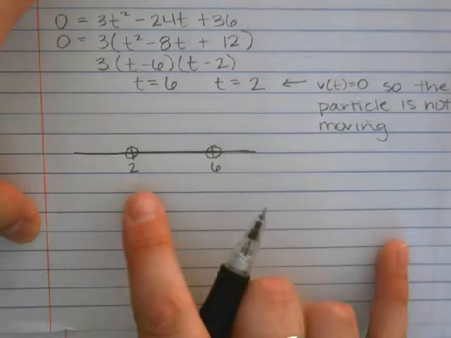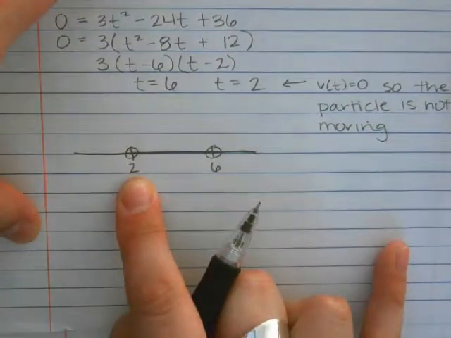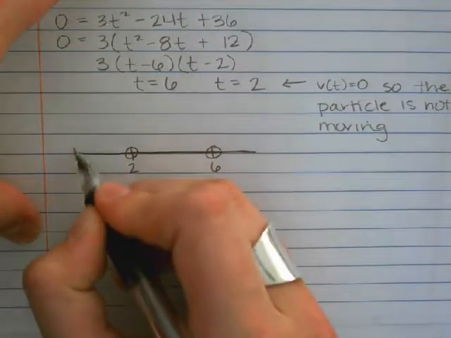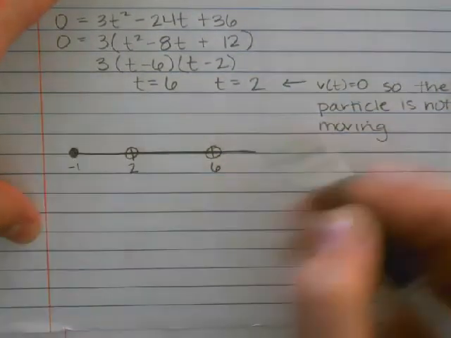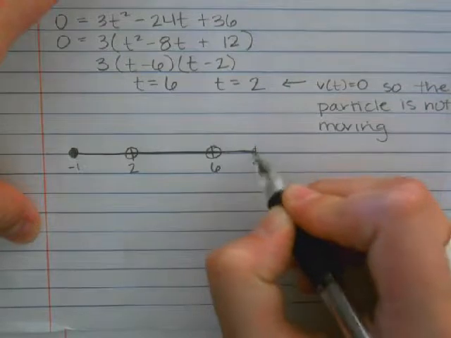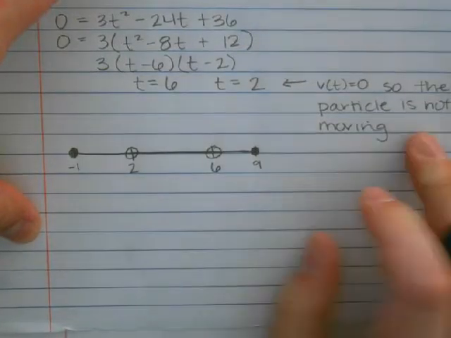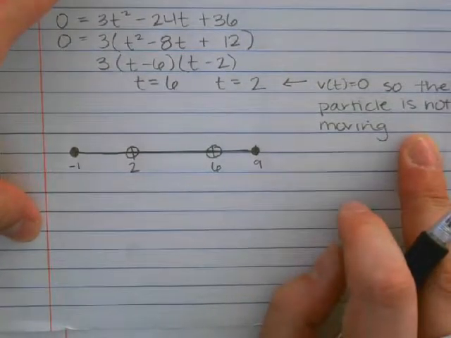So what is a number that shows up to the left of 2 on the number line? 1. And I'm going to put negative 1 right here. I'm going to fill that in. Why am I filling that in? Because it's a bracket. And then I'm putting a 9 there also with a bracket because that was part of our interval.